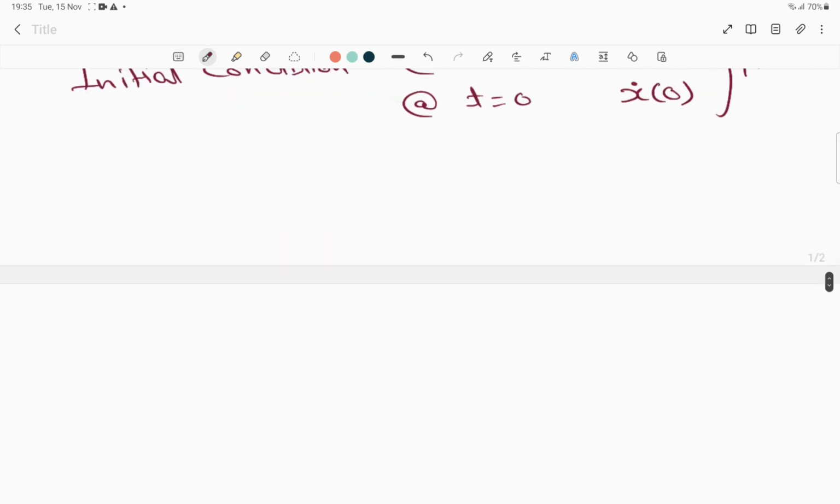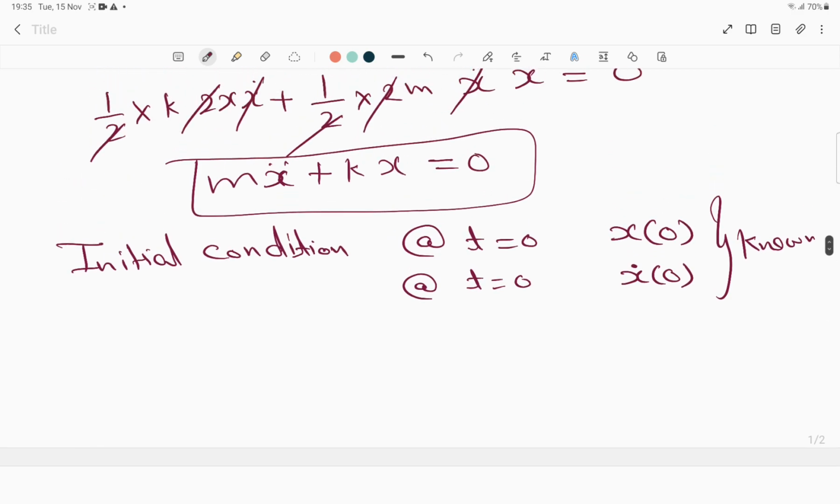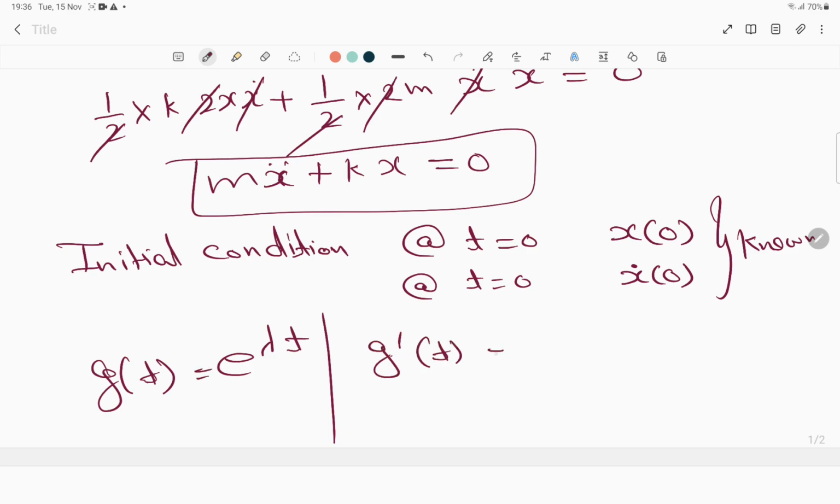So for that, let us see how we do it. Initially, it is very clear from the form the equation is taking that we are aware of the function e power lambda t, and there is a property of e power lambda t that if you differentiate it, for example, if I write a function g of t equal to e power lambda t, then g prime t is nothing but lambda e power lambda t, and g double prime t is nothing but lambda square e power lambda t.